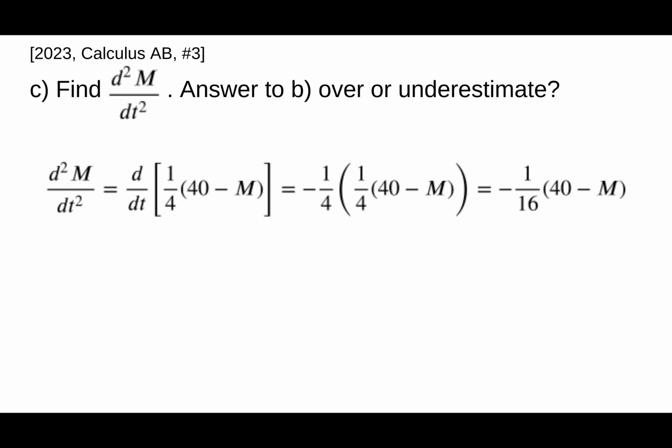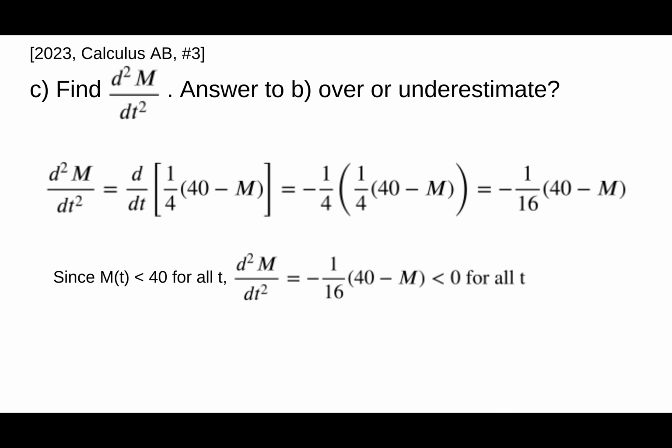Notice that M is already a function of t, so this will include an application of the chain rule. The derivative of dM/dt is negative 1/4, and then we need the derivative of M again as a factor. So we have negative 1/4 times 1/4 of (40 minus M), our original dM/dt, which is negative 1/16 times (40 minus M).